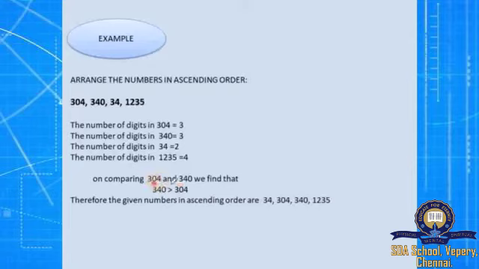In the second highest place, 304 has 0, 340 has 4. So 4 is greater than 0. So we found that 340 is greater than 304. Therefore, the numbers in ascending order are 34, 304, 340, 1235.